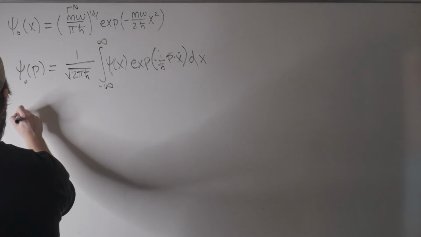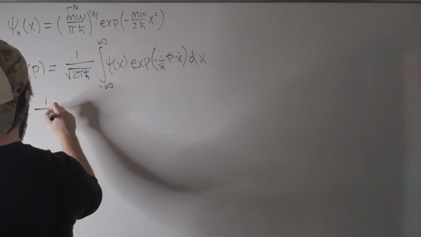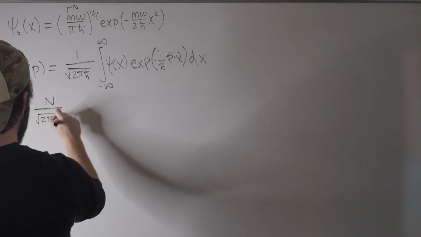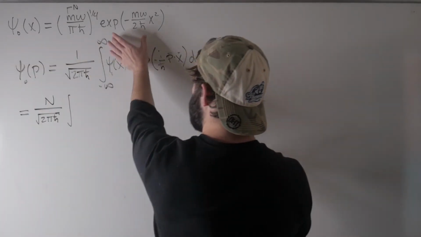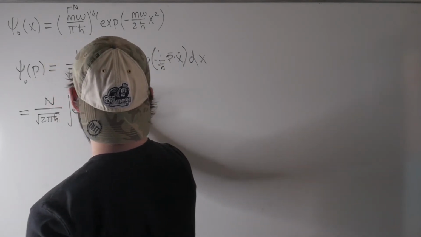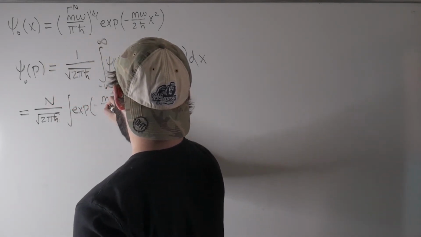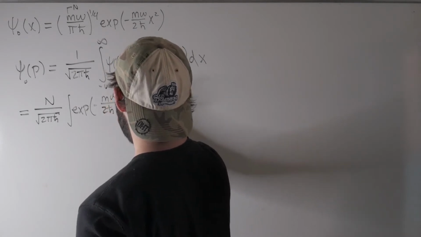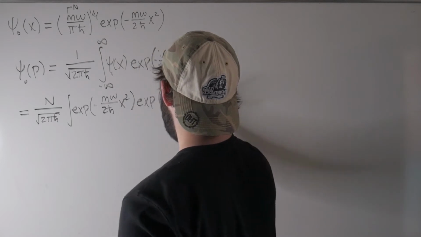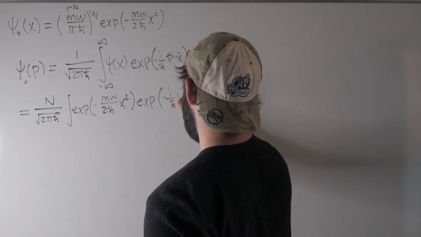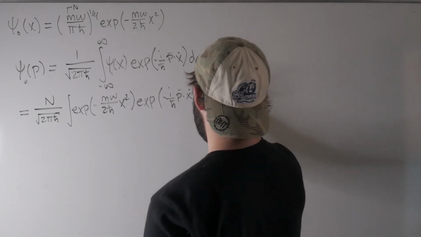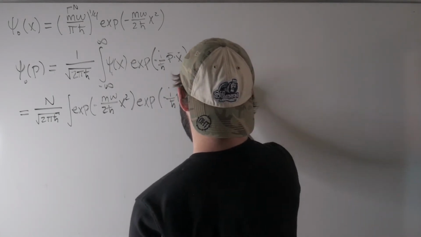So this is going to be equal to n over root 2 pi h bar, the integral. Now we're going to substitute in this exponential. So we have the exponential of minus m omega over 2 h bar x squared times the second exponential minus i over h bar p dot x, dx.